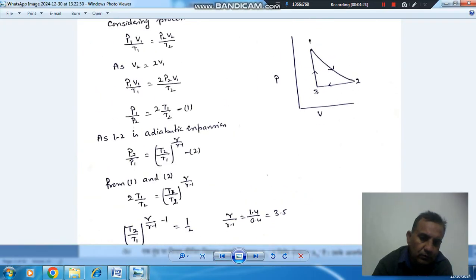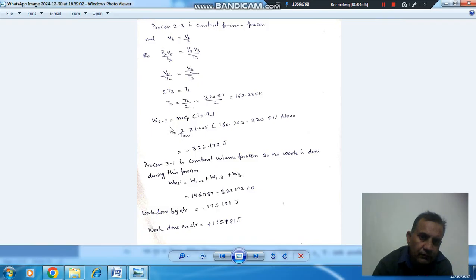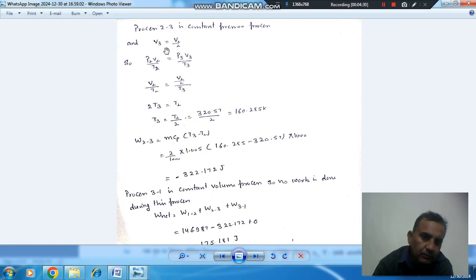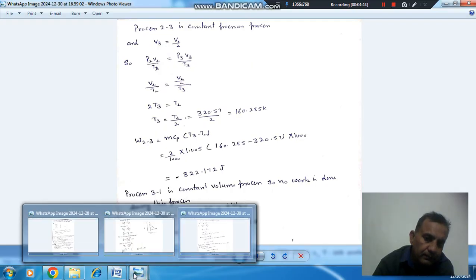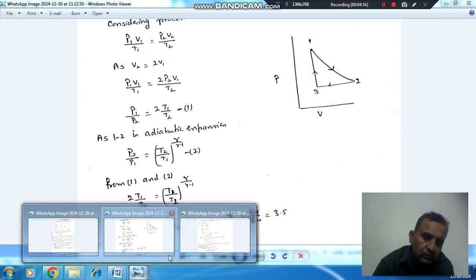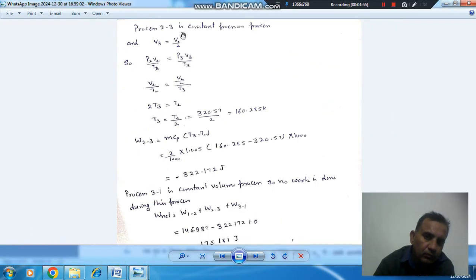Now the second process is a constant pressure process. Applying the state equation between points 2 and 3, P2 V2 by T2 is equal to P3 V3 by T3. As the volume reaches its initial value, from the diagram V3 is equal to V1, and V2 is equal to 2 V3. So V3 is V2 by 2.